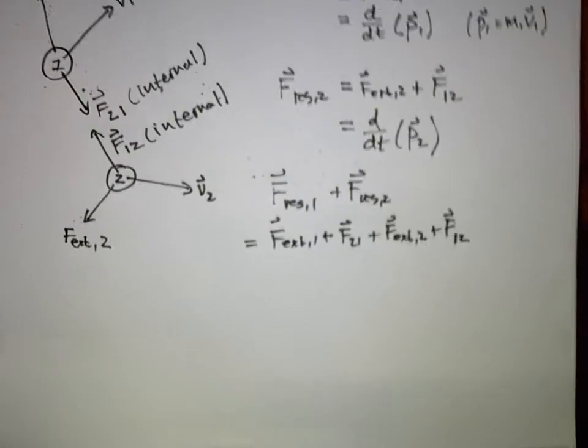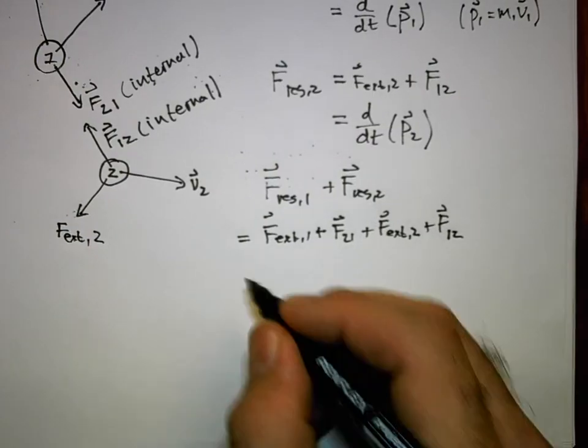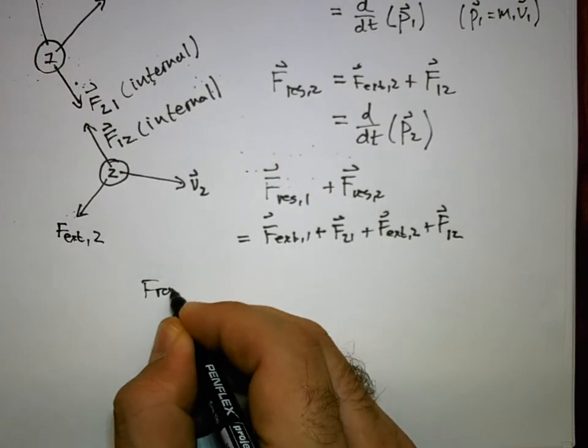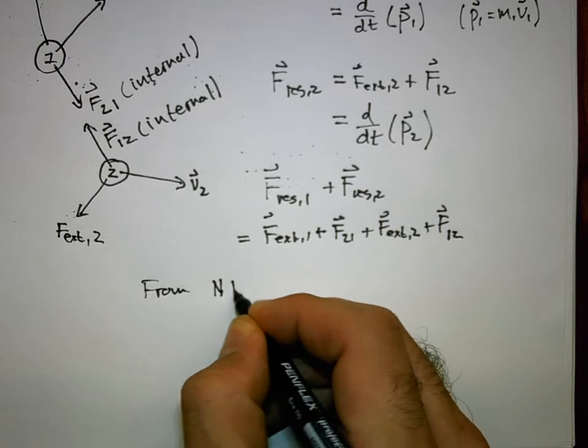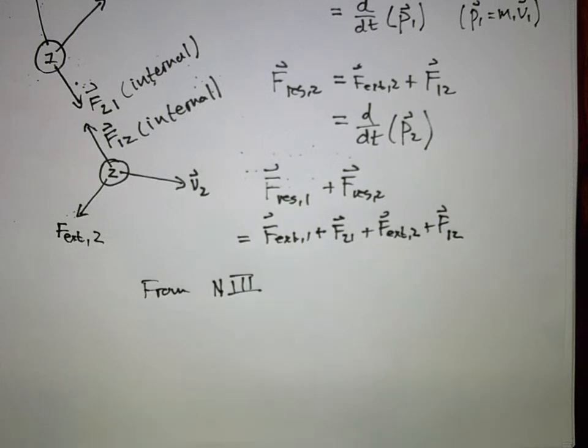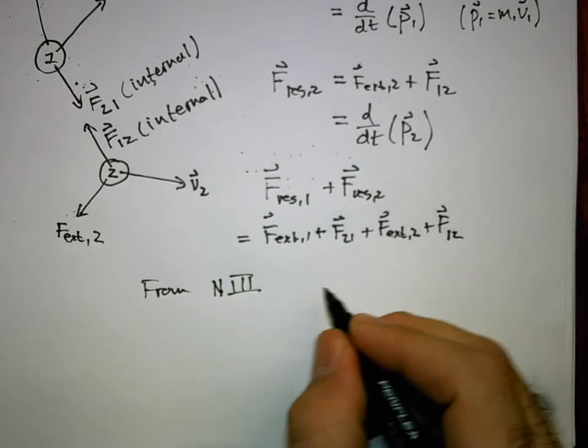We can simplify this. We know from Newton's third law that for every action-reaction pair, the two forces must be equal but opposite. So if particle 2 attracts particle 1 with the force F21, and particle 1 attracts particle 2 with the force F12, we know from Newton's third law that those two forces are related.